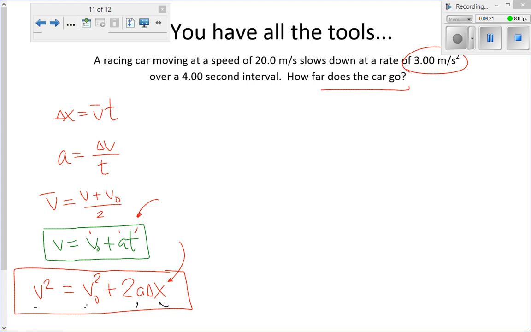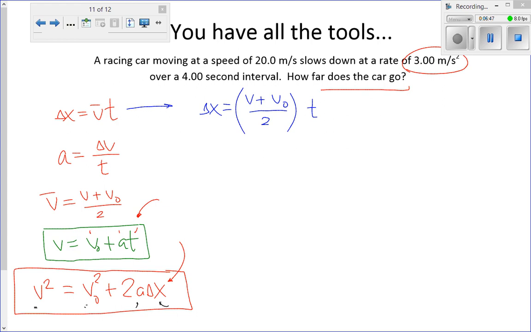Okay, the last one, the third kinematics equation, really allows you to solve this problem in one step. If you were trying to solve this problem, how far does something go? You'd have to start here: delta x is v average times t, right?